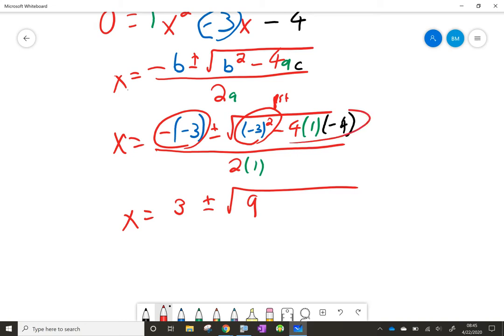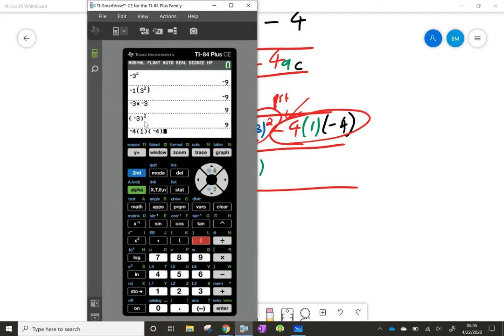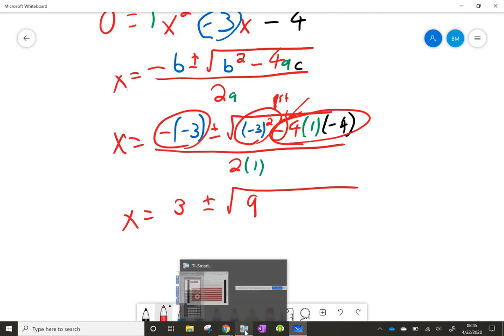Now the next thing I'm going to do is this. Keep in mind we have a -4 times 1 times -4. So if I actually include that negative in our calculation, using that minus sign as a negative, -4 times 1 times -4, you can see I'm typing it in exactly the way it's written in the formula, and I'm typing that minus sign that's right here as a negative in the calculator.